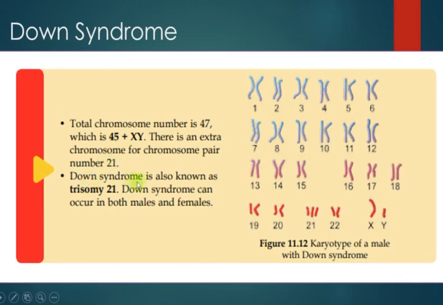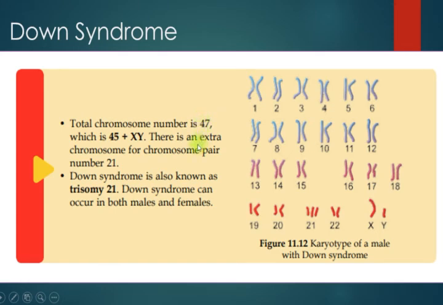The Down syndrome is also known as trisomy 21. Down syndrome can occur in both males and females. So you have to remember that the character of Down syndrome is 45 plus XY, and the number of chromosomes is 47. Why 47?